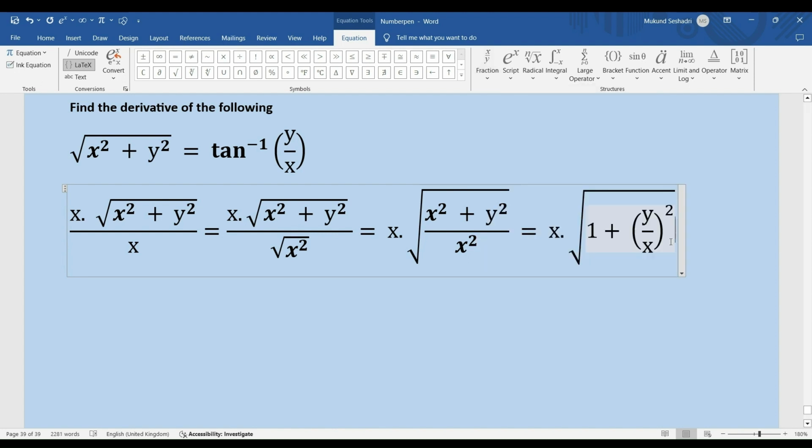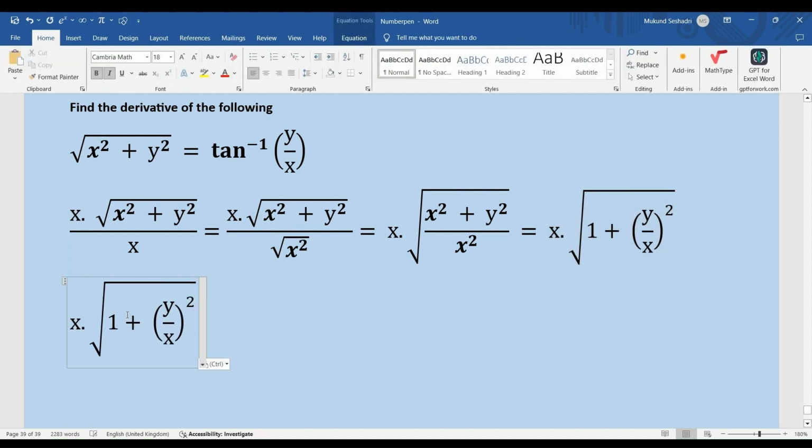So therefore, square root of x square plus y square is nothing but x times square root of 1 plus y by x the whole square. Right? Now I'm going to use this expression to solve the rest of my problem. So I have this equals tan inverse of y by x, right?